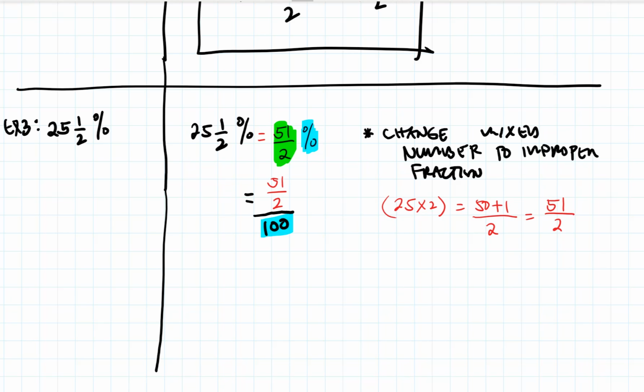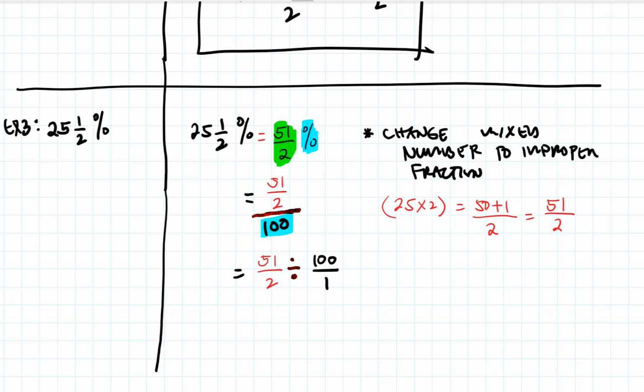However, if you can remember, you can rewrite this into a division operation as 51 over 2 divided by 100 over 1.